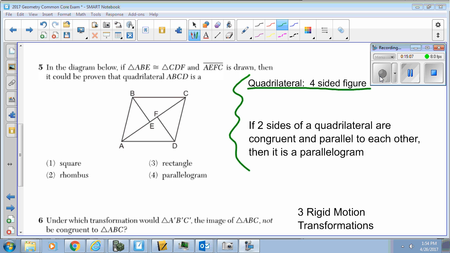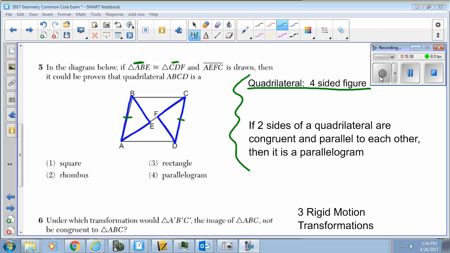All right, let's look at the information we are given. It says triangle ABE is congruent to triangle CDF. All right? Okay, so we know, based on that, that AB is congruent to CD. So we can say this automatically, right?